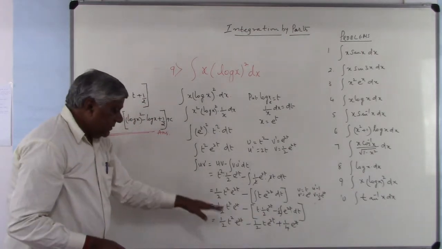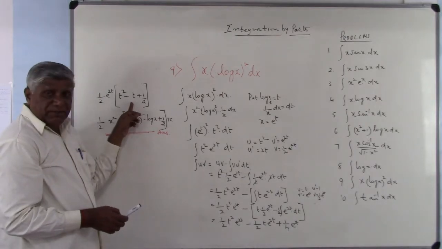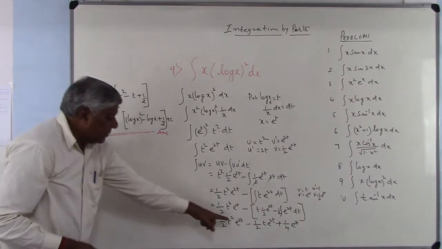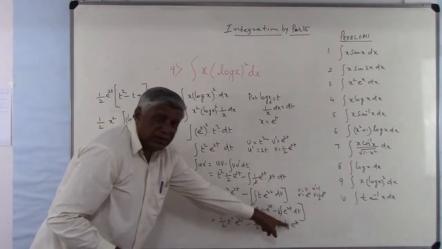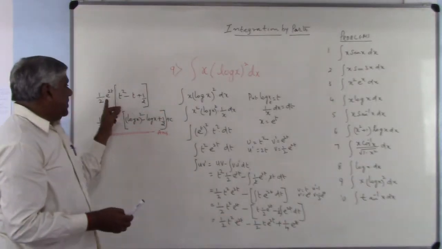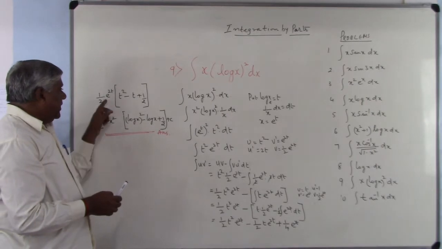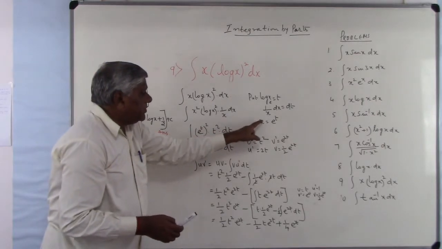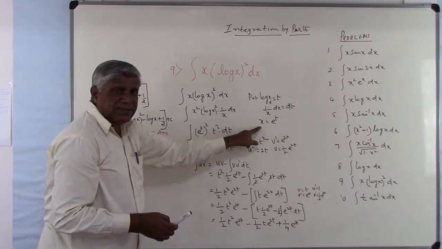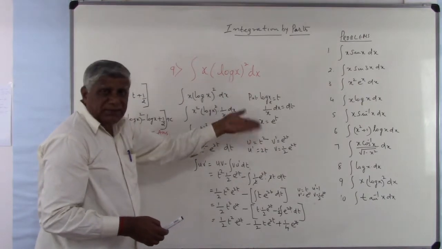Now the answer we are going to transfer here. I have taken half e to the power of 2t. You can see in all this e to the power of 2t is common. We have taken that e to the power of 2t. Now e to the power of t is x, so e to the power of 2t is x square.